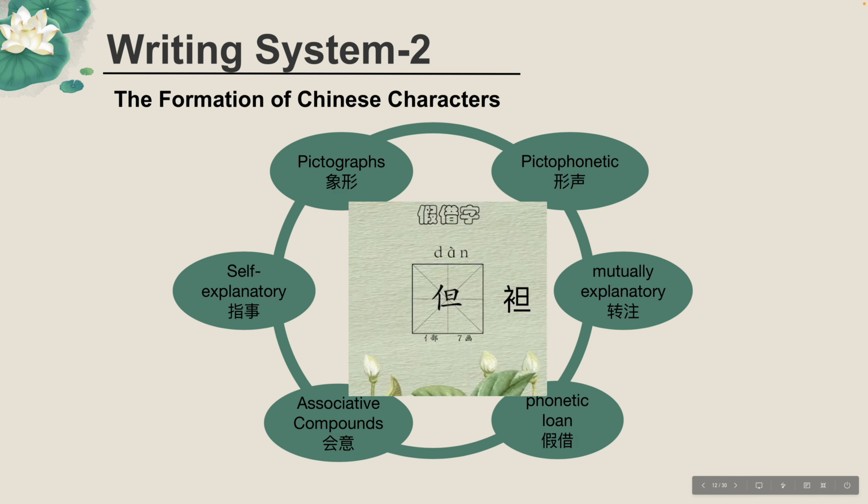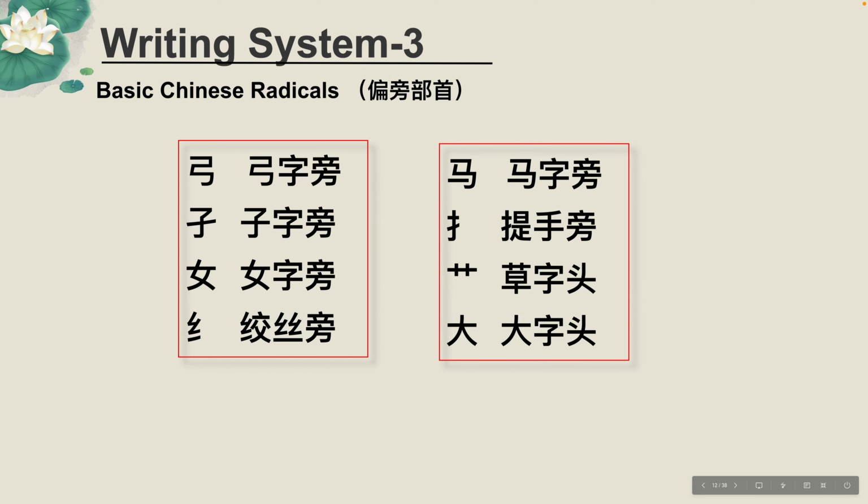For example, 但. Right now we are using it as 'but' as a transition, but before it was actually used as 坦, which means showing skin. Chinese characters are grouped together according to their common components known as radicals. 偏旁部首.